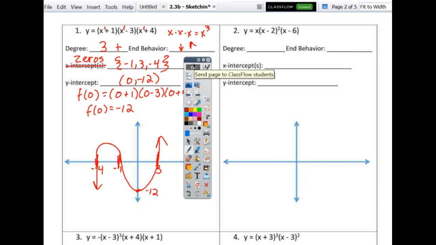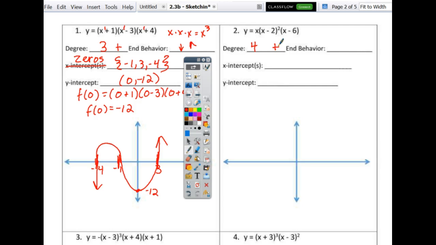So what's the degree of this one? 4, that's correct. So you have 1 plus 2 plus 1 gives me a degree of 4. It's positive. Does everybody see where that 4 came from? The x's.